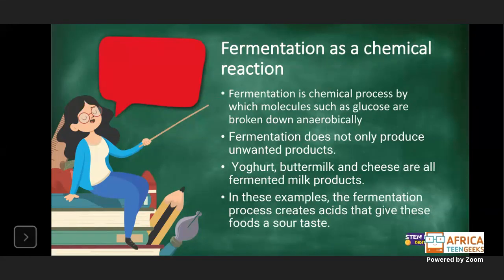Fermentation does not only produce unwanted products: the yogurt that we eat, the buttermilk, and the cheese are all fermented milk products. In these examples, the fermentation process creates acids that give these foods a sour taste. Remember the lactic acid we spoke about, which forms when milk expires? That is what gives these foods that sour taste.